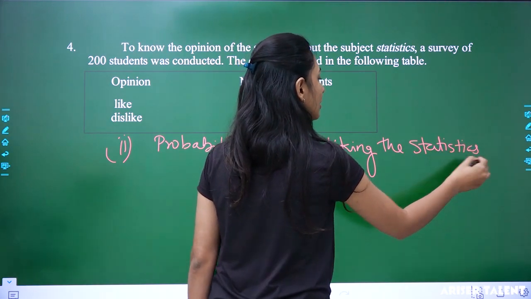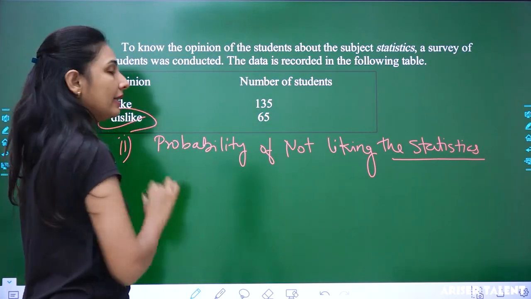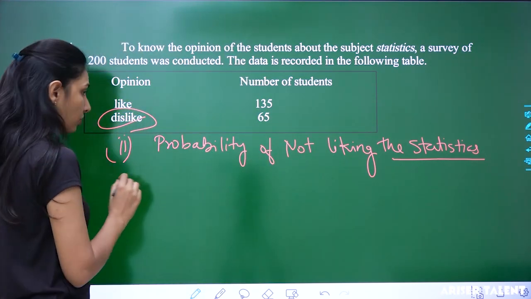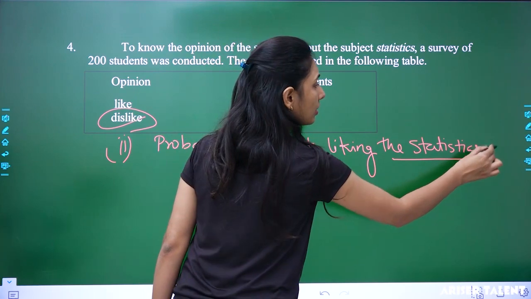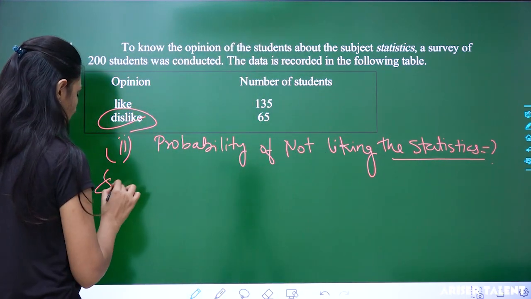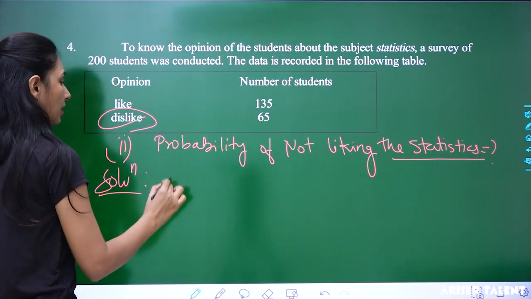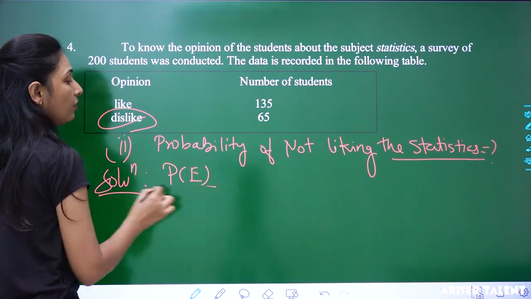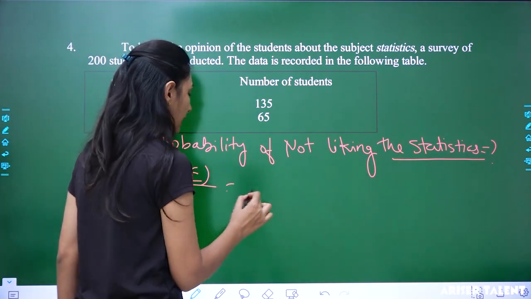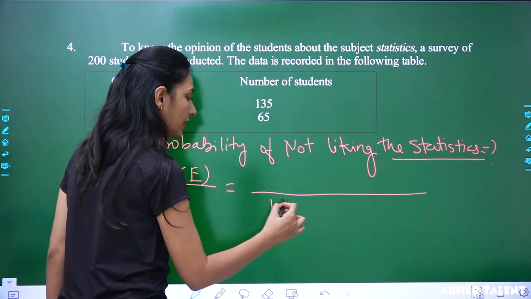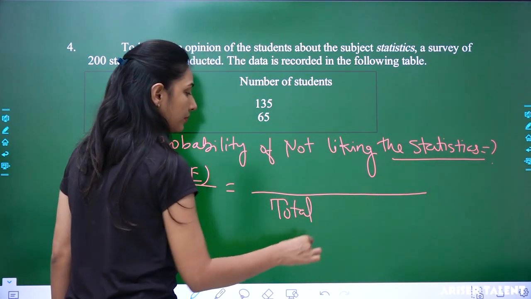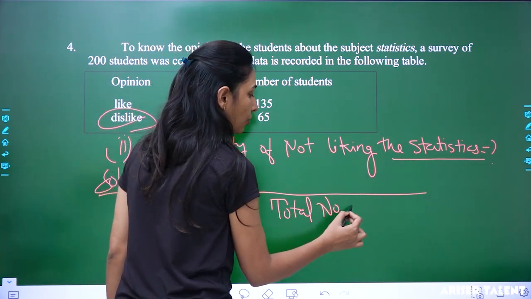Not liking is simply disliking. So in the solution part, P(E) is equal to, in the denominator, you and I both know it is going to be the total number of students.